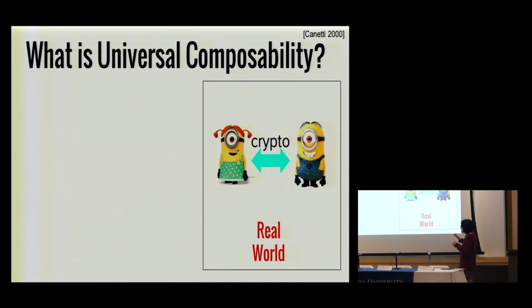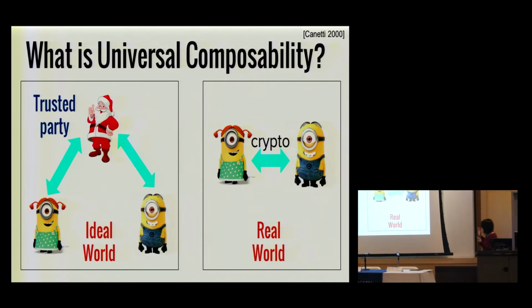Imagine I have to program this distributed system, which consists of multiple processes that interact with each other, and potentially they speak crypto to each other. As a programmer, the system is really difficult for me to program because there are all these crypto protocols going on, and I don't want to think about crypto.